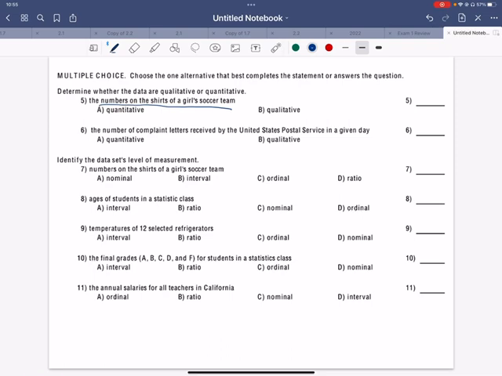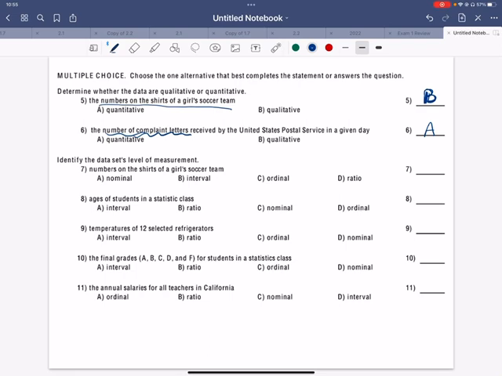Even though they are numbers, they do not have numerical meaning. Those are simply labels. Same goes here. It should be B because the girls' t-shirt numbers definitely have no numerical meaning. This one, number of complaint letters received by the U.S. Post Office, will be quantitative. That has numerical meaning for sure.